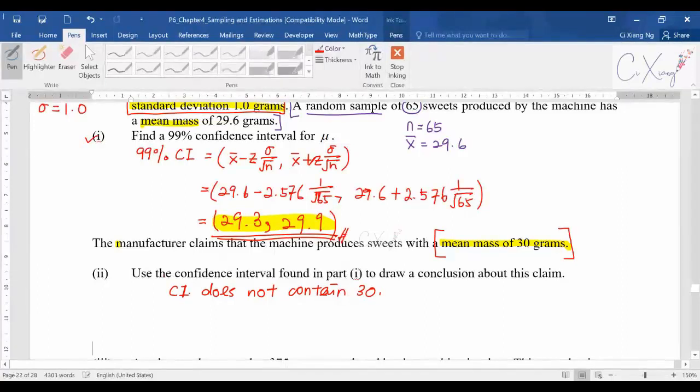That means the claim is not supported. The 30 here is like your population mean. They assume that the population mean is 30 and are asking whether this is correct or wrong. By using the confidence interval that you calculated, you can say that the claim is not supported.